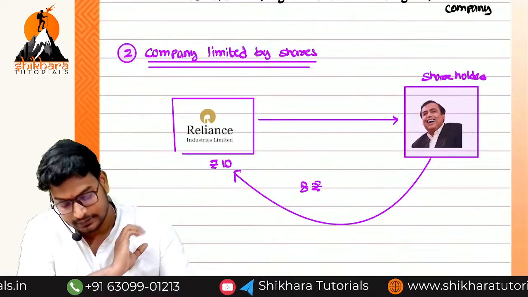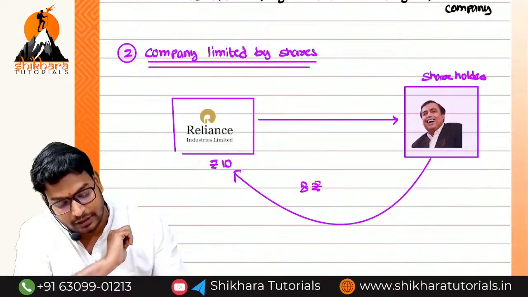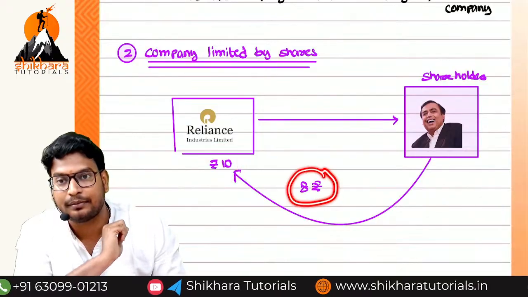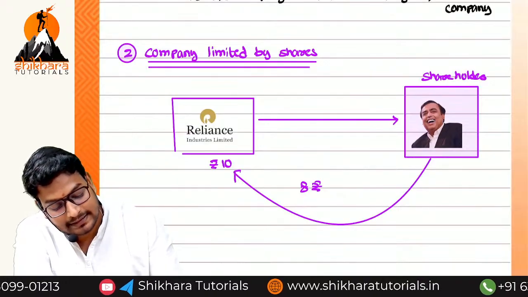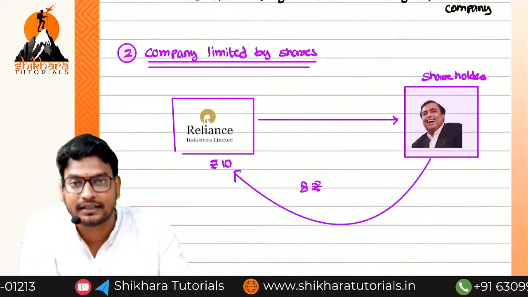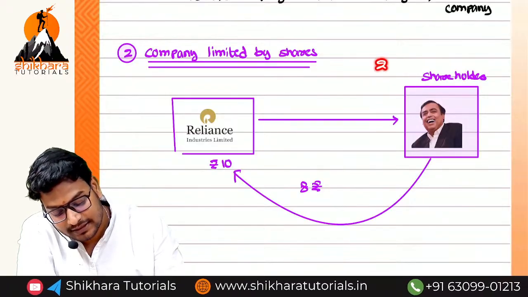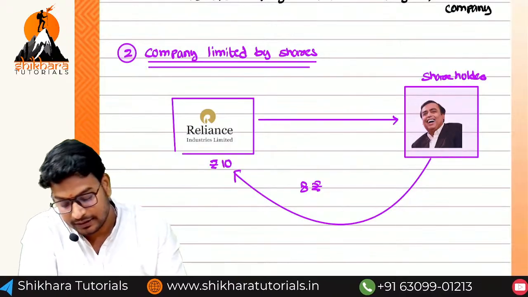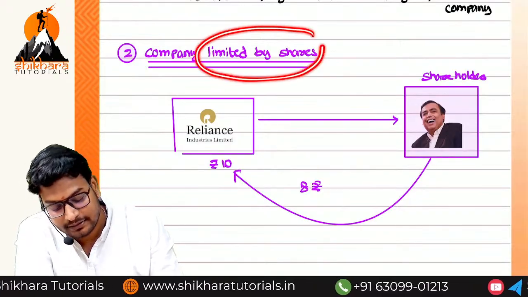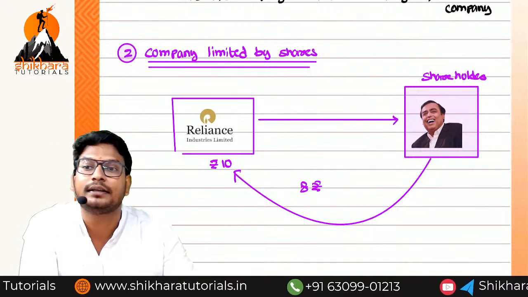Let us take an example. The total share value is 10 rupees, but Mukesh Ambani has paid only 8 rupees to Reliance. The remaining 2 rupees is his liability. So a company limited by shares means the liability of the shareholder is limited up to the share price.